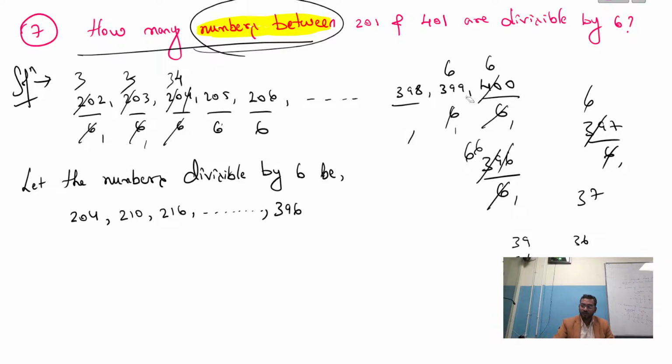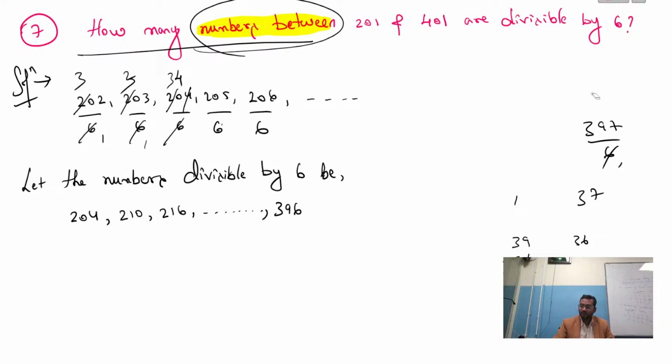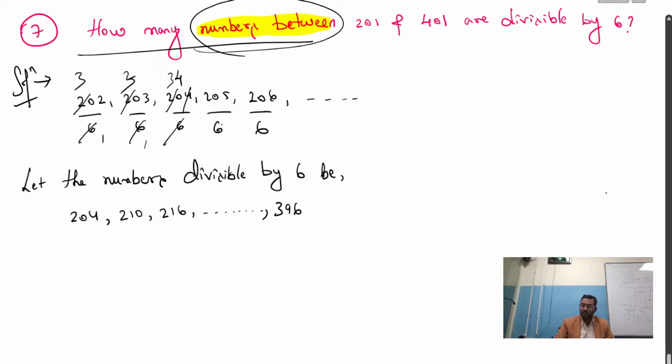So these are the numbers which are divisible by 6. Clear? Understood? Is this clear? So which was the number we got here? 396 by 6. So this is the last number which was divisible by 6.